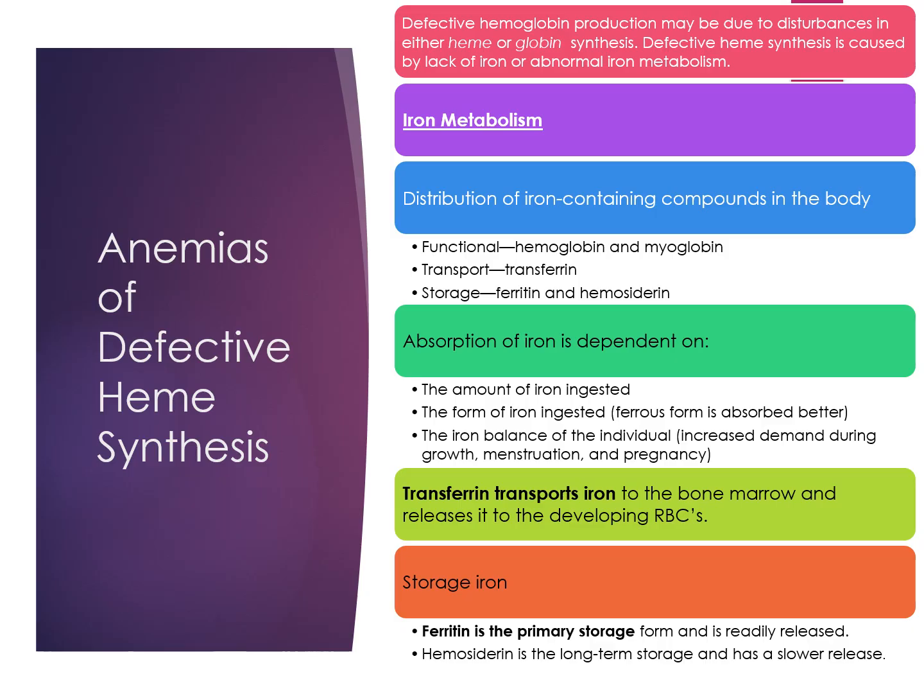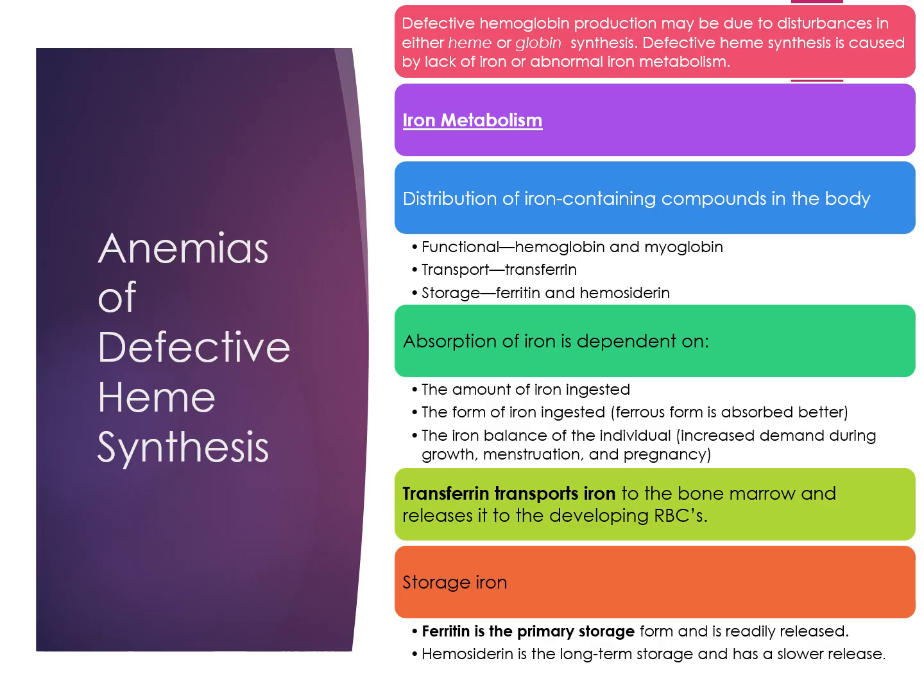So let's talk about distribution of those iron-containing compounds in the body. Our functional units are going to be our hemoglobin, but we also have myoglobin, which is an important component within the muscles. We have iron transport proteins called transferrin, and then we have the storage of iron in the forms of ferritin and hemosiderin. Now, ferritin is going to be found at various points throughout the body.